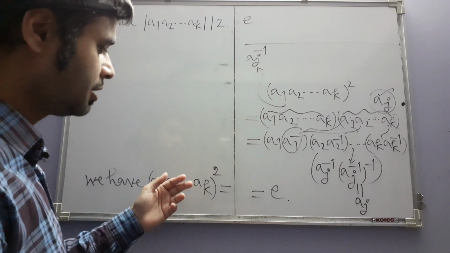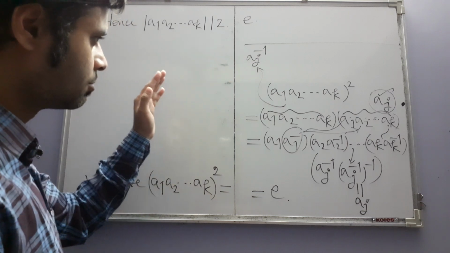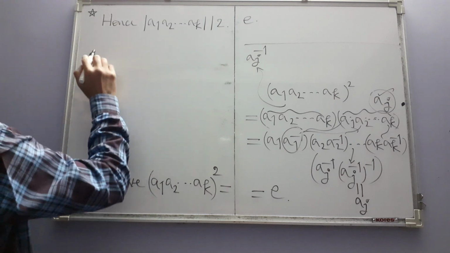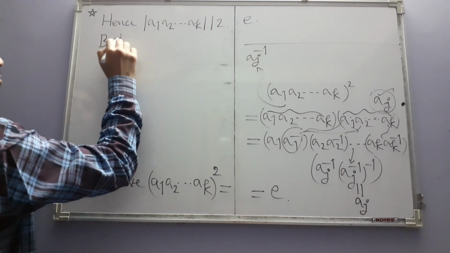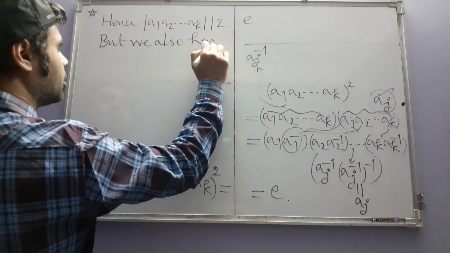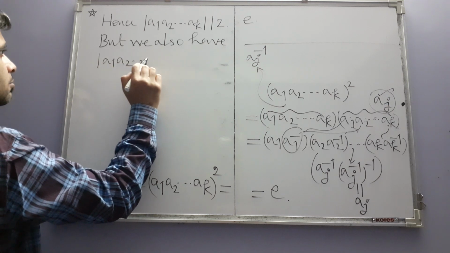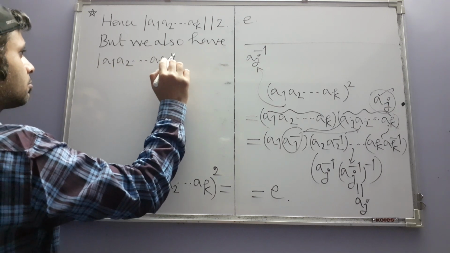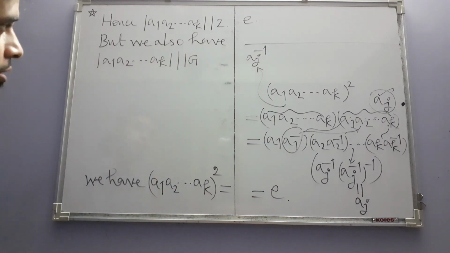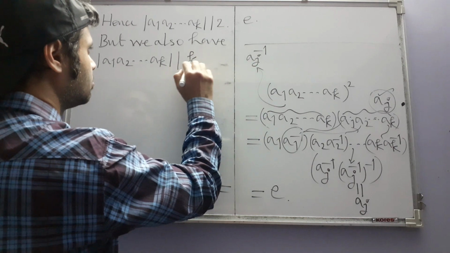But we have something else which we have so far not used. It's the fact that the group has odd order. But we also have this, or to be more explicit, K, which is the order of the group.